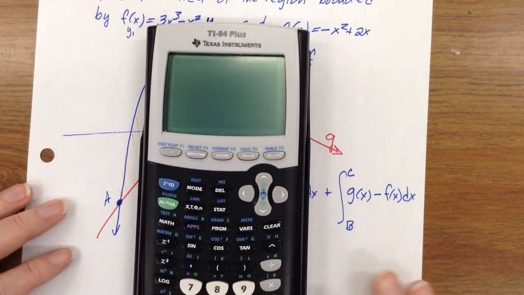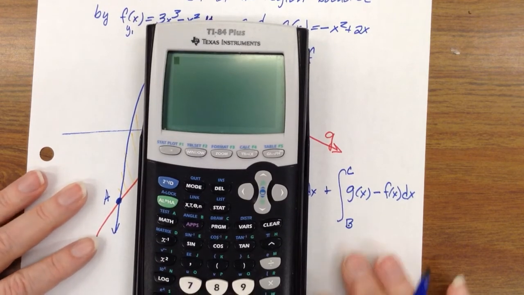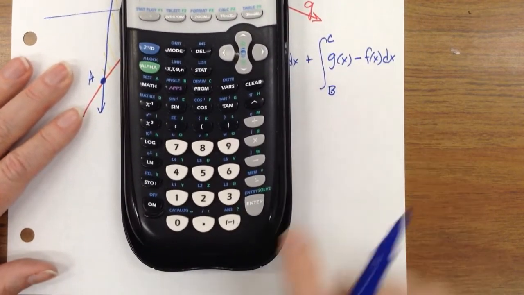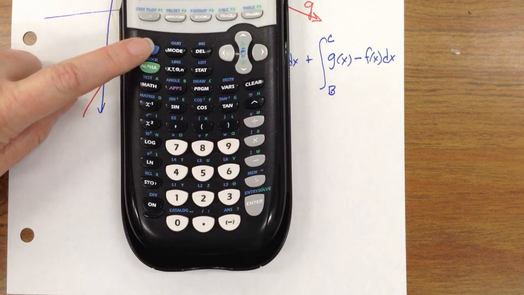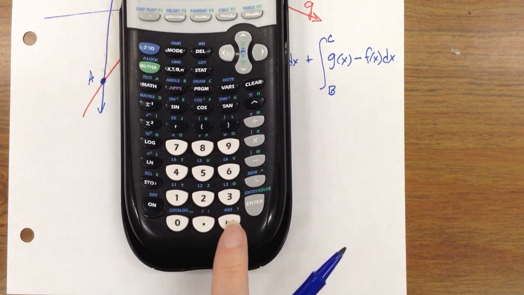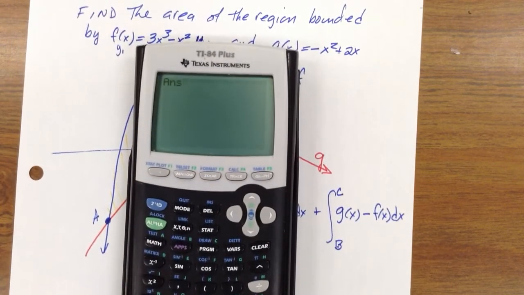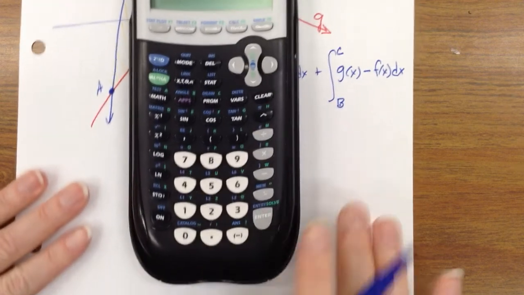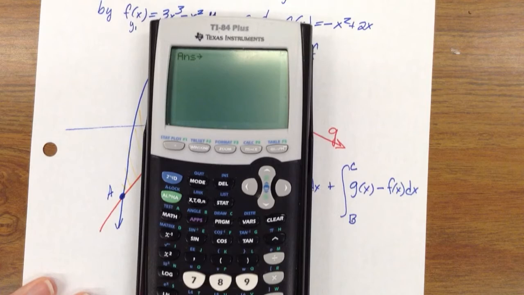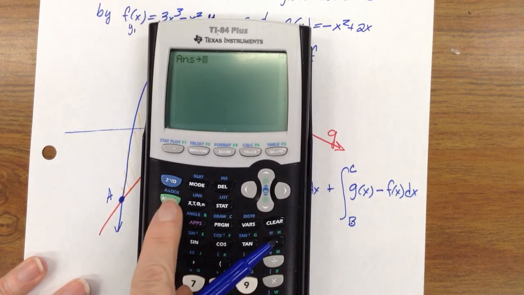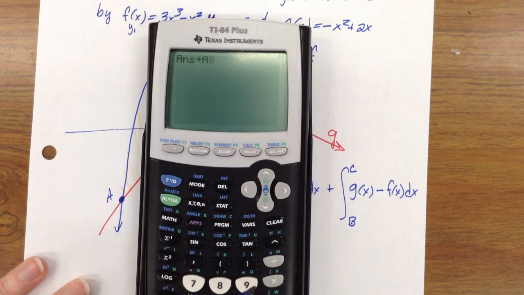I need to pull up the last answer. The last answer key is above the negative key in blue, so I use the second key and the answer key. It now says ANS. I will use my store feature, and I am storing this in alpha A. It's in there, I hit enter, there it is.